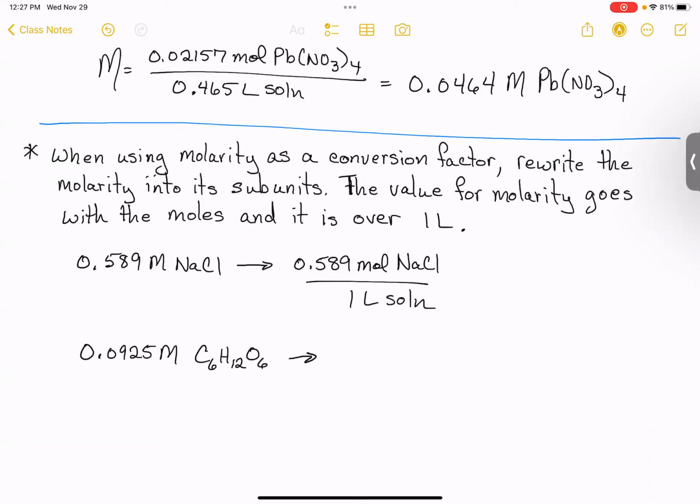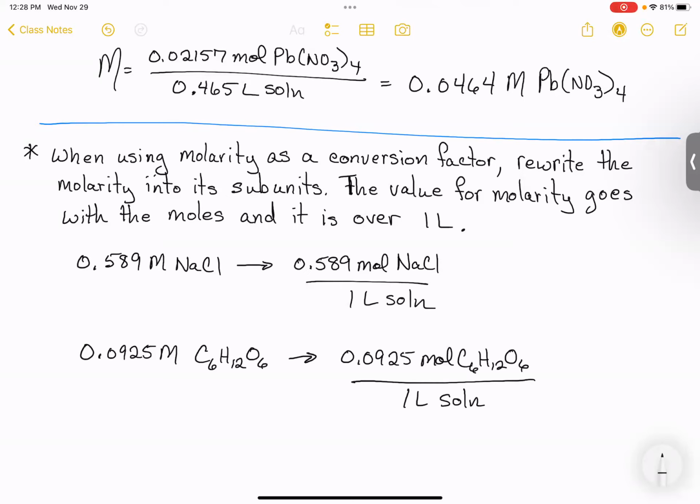Then I rewrite it as 0.0925 moles of C6H12O6 over 1 liter of solution. By doing that, you can see that that capital M really stands for two different units. It's moles over liters.